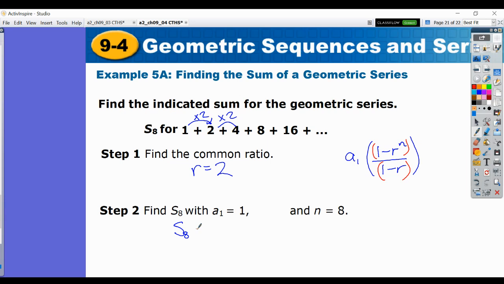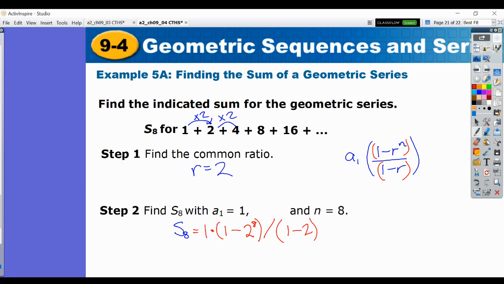So when I put this in my calculator, I'll just show you what I would type in. Top of my equation is 1 minus 2 to the 8th divided by 1 minus 2. That is what I would type in. In this case, you don't need the 1, but times.